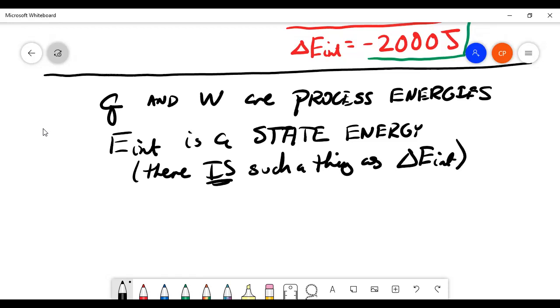In fact, the change in state energies is solely defined by the initial and final values that that energy has. And it's a property of the initial and final conditions of the system. I can tell you that a system has an internal energy at one point in time. I can't tell you a system possesses heat, and I can't tell you that a system possesses work.